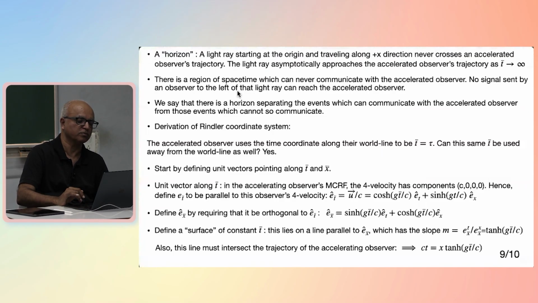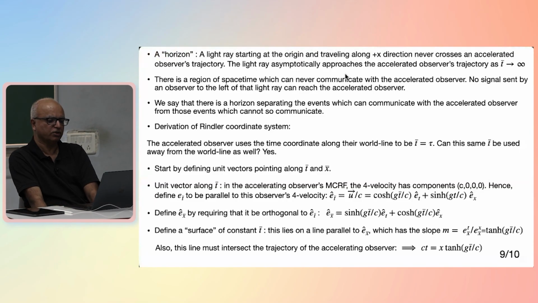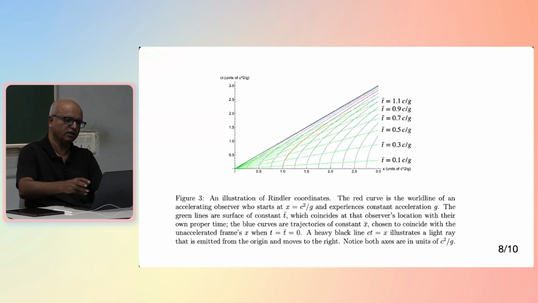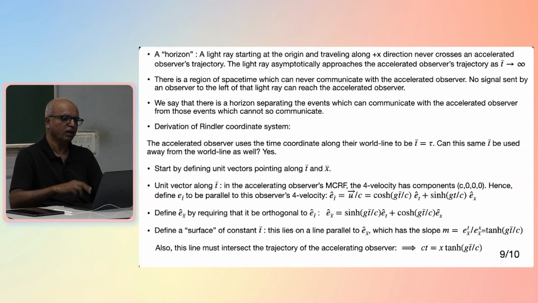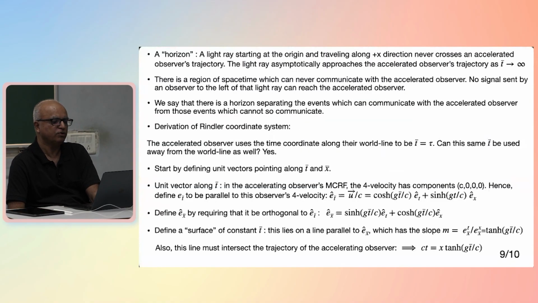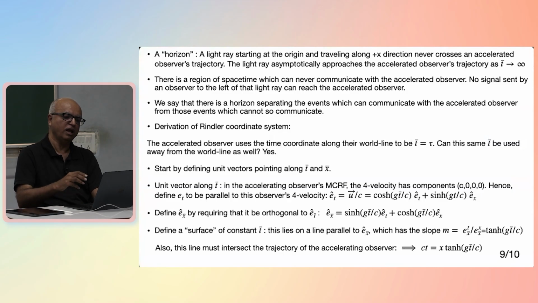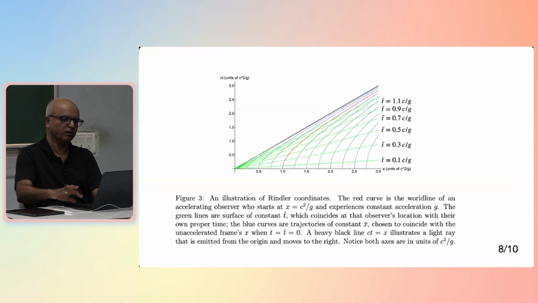There is a horizon. A light ray starting at the origin and travelling along the plus x direction never crosses an accelerated observer's trajectory. That is clear, there is no intersection. The light ray asymptotically approaches the accelerated observer's trajectory as the proper time t bar goes to infinity. That is what is happening here.